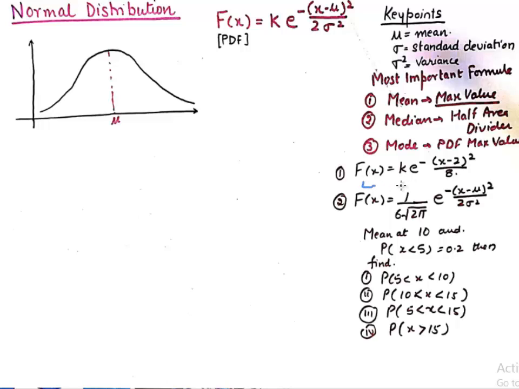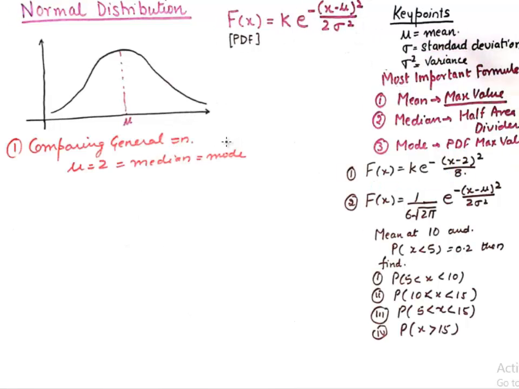You could get a question like this, where the probability distribution function is given like this: k e raised to the power minus x minus 2 whole square upon 8. Now in this question it is clearly seen that this 2 is mean, and the denominator here is equivalent to 2 sigma square, from where we can easily find the sigma.